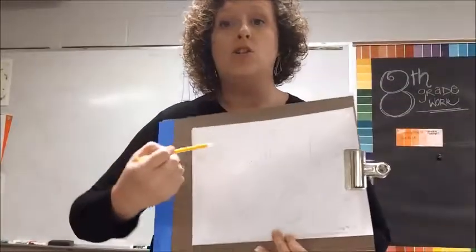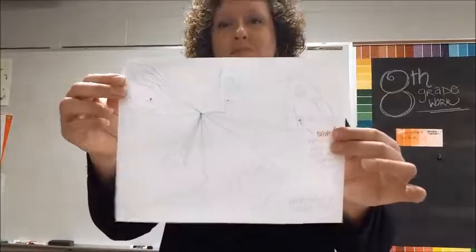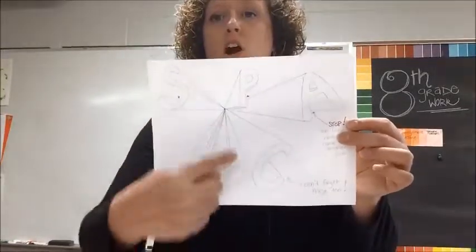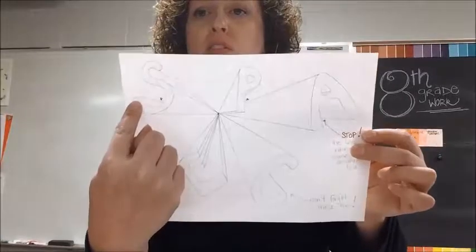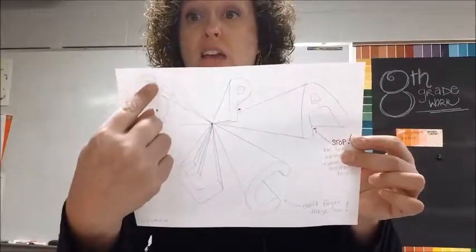So do that to all your pictures, and then it will look like, here it is, this. So you can see all my lines going to the dot in the middle, and I have the S, the end of the S here.